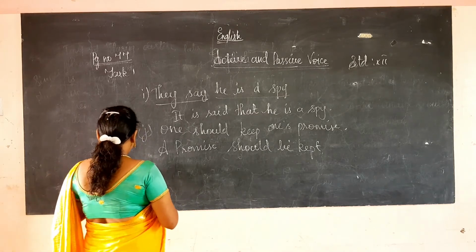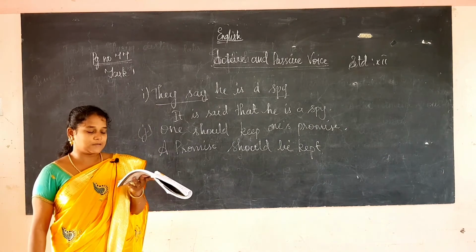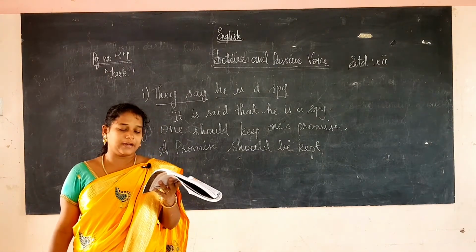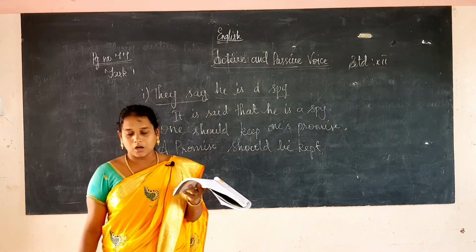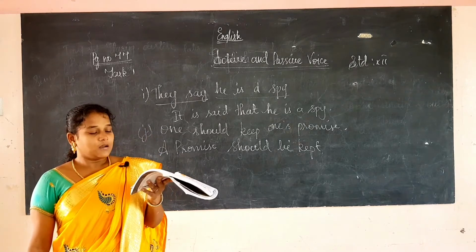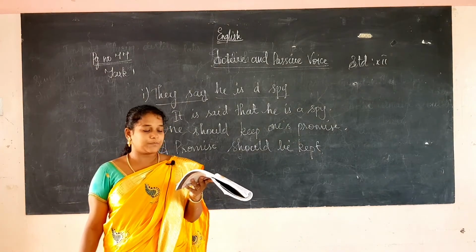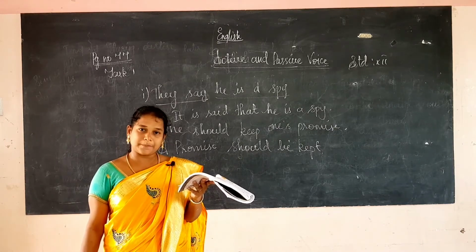If people burn a great deal of wood in the winter. Here people is the subject, burn is the verb, and a great deal of wood is the object. In winter is an adjunct. So, how will you change it? The object is a great deal of wood, and burn is in the present tense.